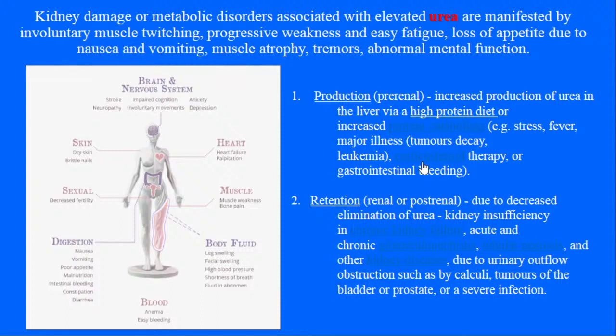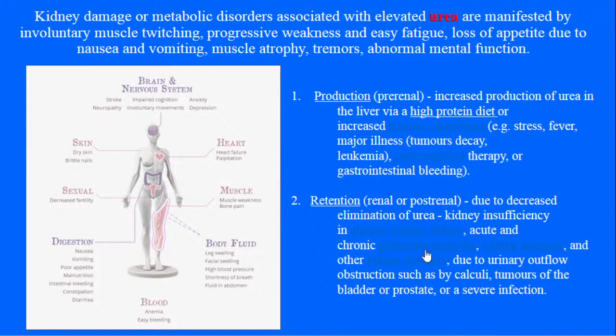What reasons? Stress, fever, major illness, for example, degradation of tumors, or leukemia and other malignant tumors of blood cells. Corticosteroid therapy is also one. When cells are degrading, of course, a great quantity of proteins is degrading, and overproduction of free amino acids will lead to the overproduction of urea.